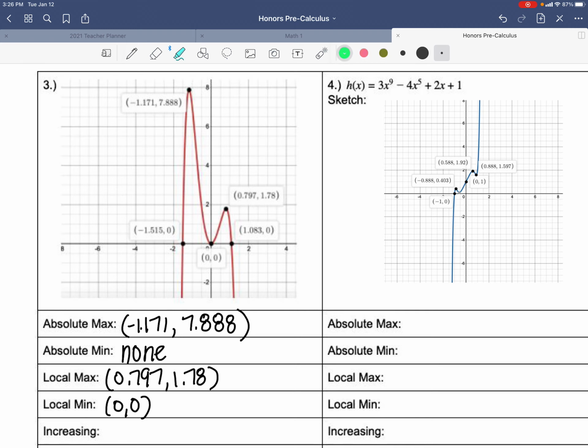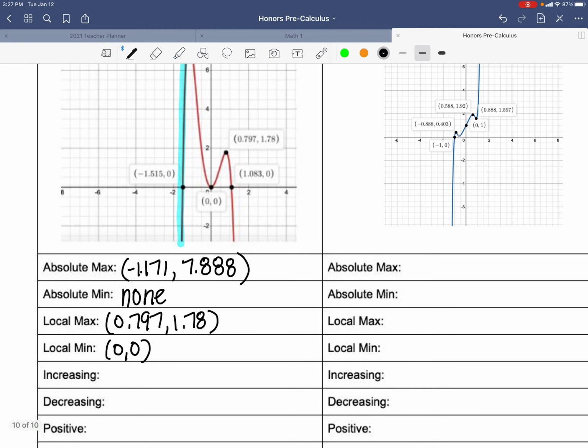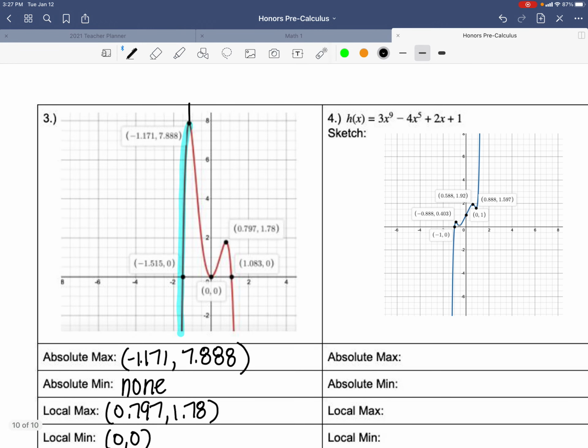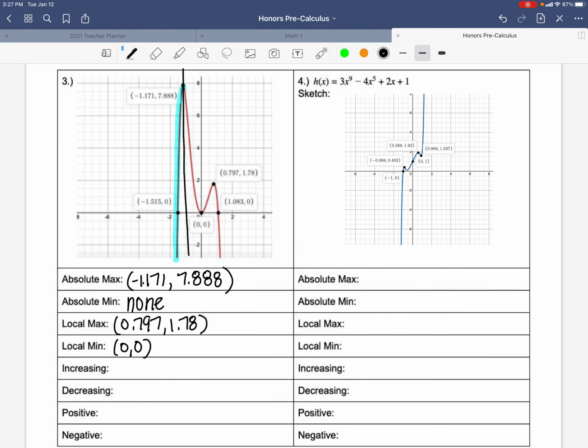All right, so now we're going to do increasing and decreasing. So we're increasing from the left, and we're going to keep increasing until we reach that maximum. So that maximum that we're reaching is an x value. Remember, we have that interval there. So that's going to give me negative infinity to negative 1.171.